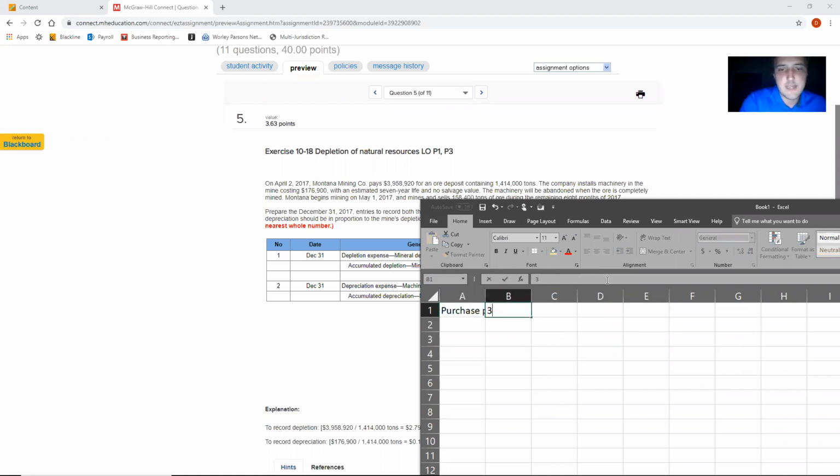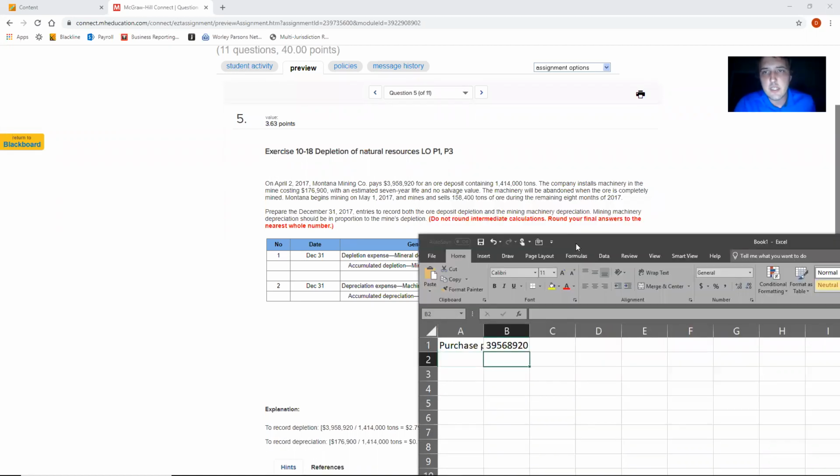All right, so we had that value, 3958920. We installed the machinery, so we're going to add 1,676,900 to that.